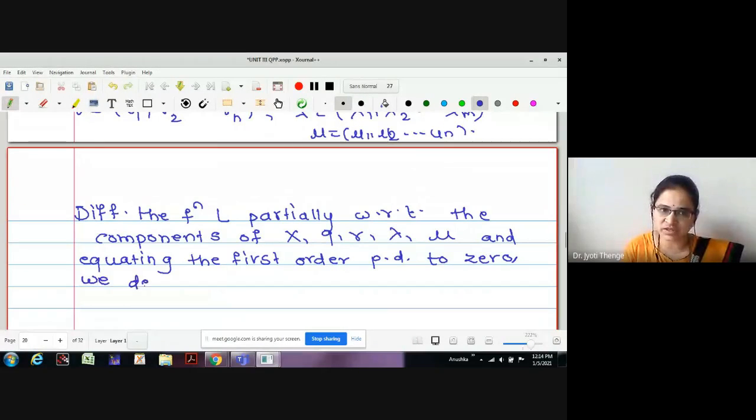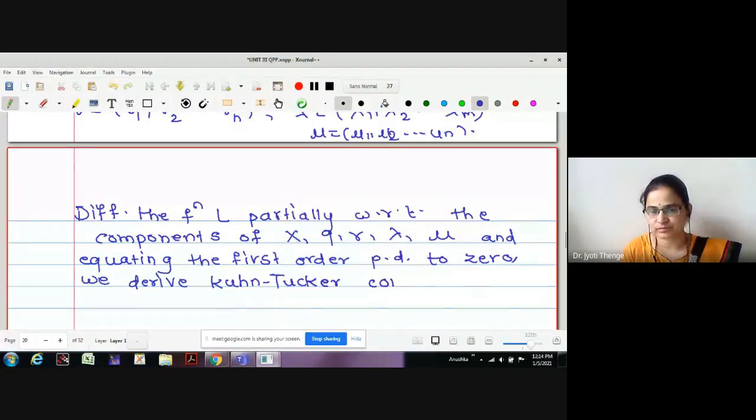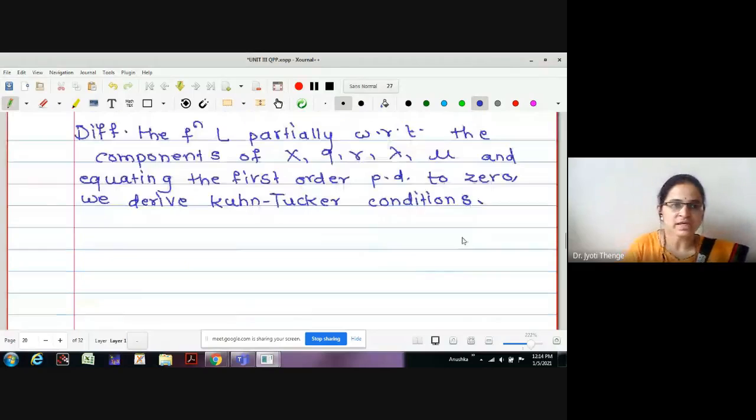In the last lecture we have seen in detail how to derive the Kuhn-Tucker conditions, so in today's lecture we are going to use the conditions directly. Now, let us go for step number 3.